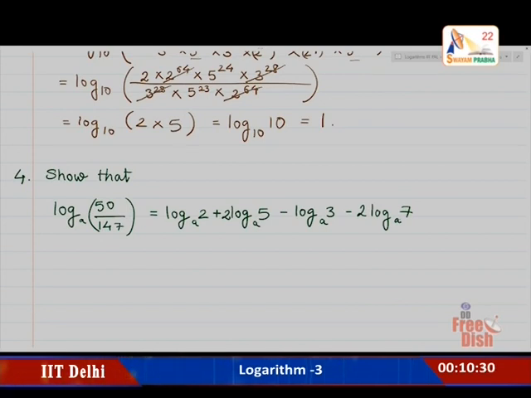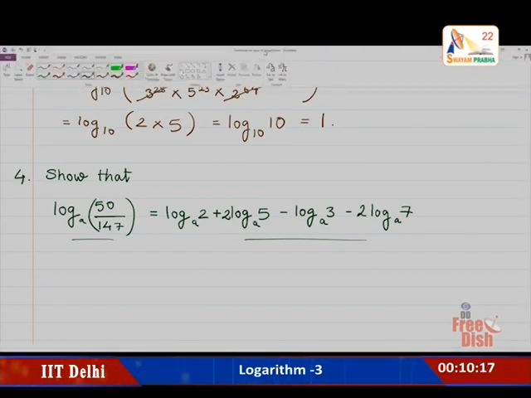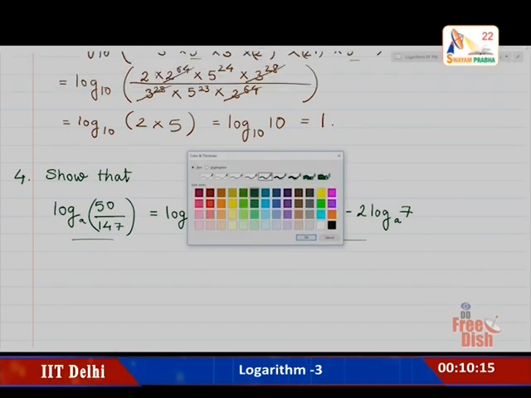So let us try. There are two ways to do this problem. One is you start with the left hand side and prove that this is equal to right hand side, or you start with the right hand side and prove that this is equal to left hand side. So let us take a brown color.